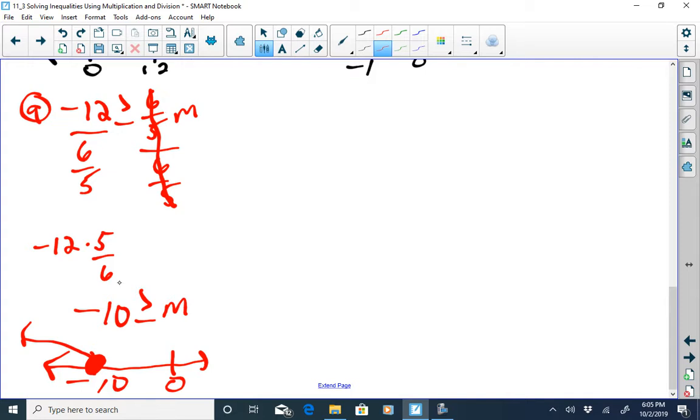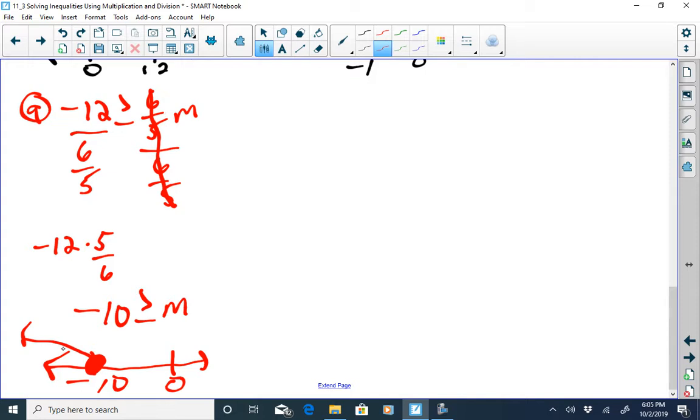Let's try negative 10 first. If I replace with negative 10, 6 times negative 10 is negative 60. Negative 60 divided by 5 should be negative 12. Is negative 12 greater than or equal to negative 12? Yes it is. So that should work.